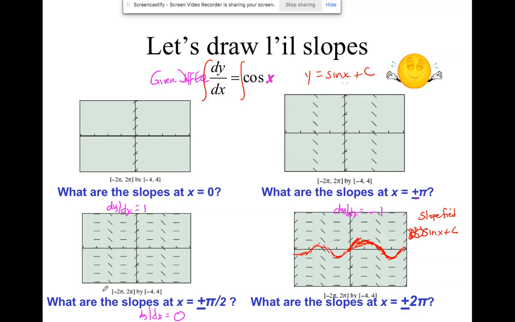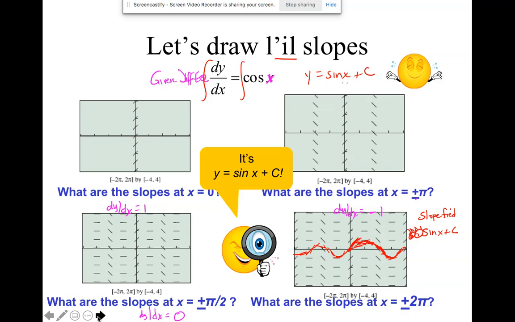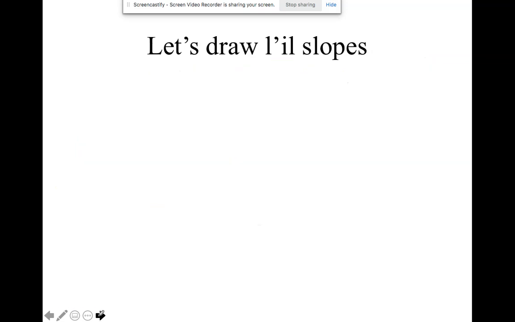Crazy. That's what a slope field is. Drawing a bunch of little slopes given the derivative and then looking at the picture to try to see the solution. Woohoo! Look at this one though.